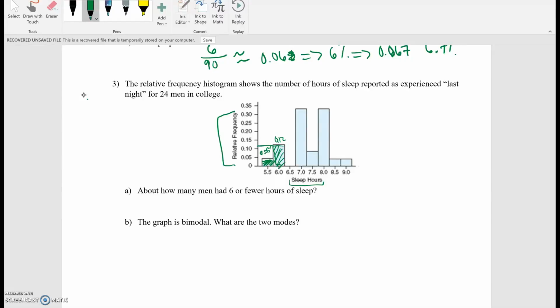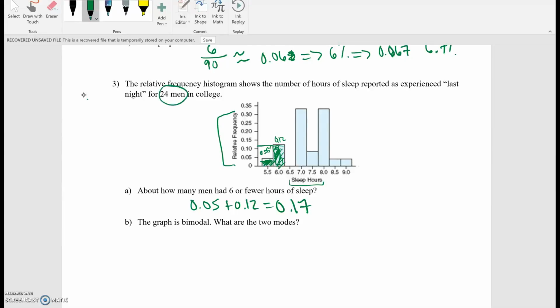This is not the total number; it just tells me that 5% had 5.5 hours of sleep, and about 12% had about 6 hours of sleep. So the total percentage is 0.05 plus 0.12, which gives me 0.17. This is not the answer because this is just 17%. 17% of what? Of the 24 men.